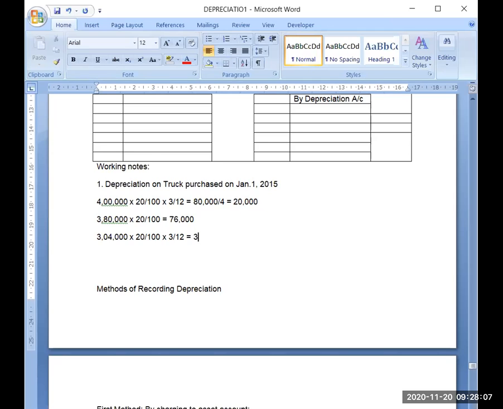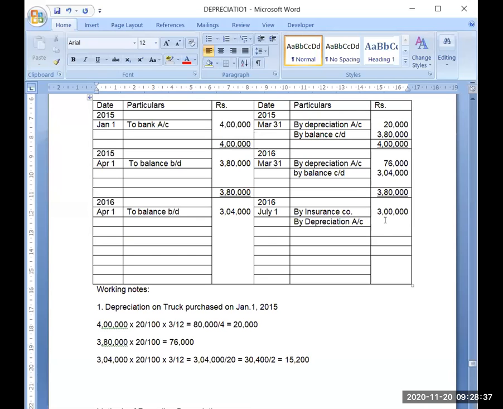So it will become 3 lakh 4,000, 1 upon 5, 1 upon 4 divided by 20. So it will be 30,400 divided by 2, and that's why it will be 15,200. So the depreciation charged here will be 15,200.